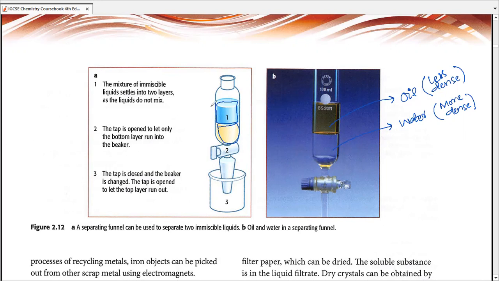What do we do then? We slowly open the tap carefully so that we only let the bottom layer run into a beaker. Then the tap is closed, the beaker is changed, and the tap is opened to let the top layer run out. And that's how we have two separate layers.